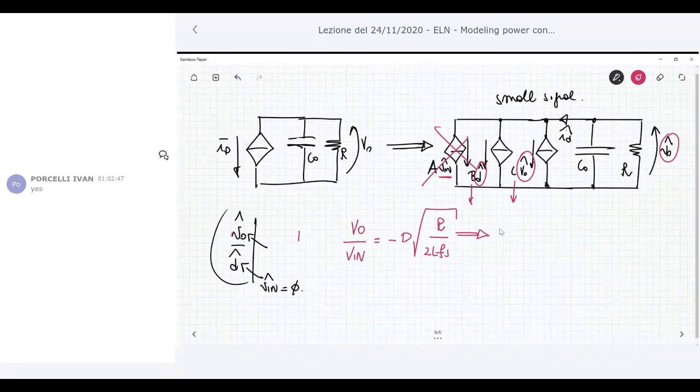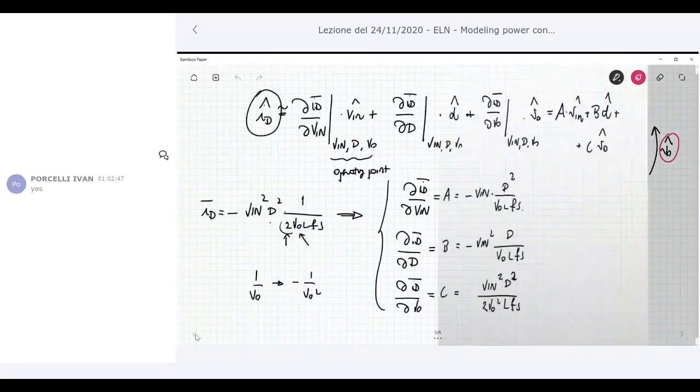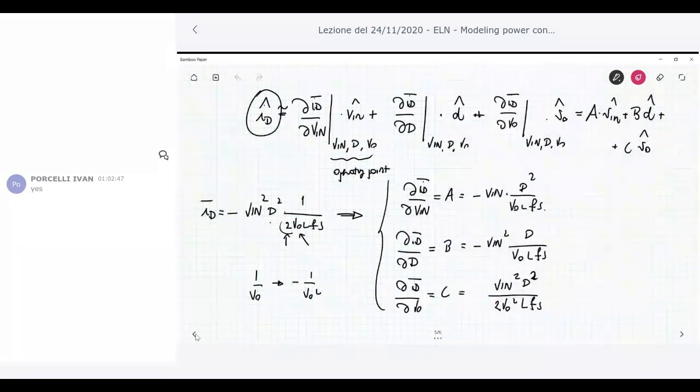Now I can square the first part here, and this is D square R over 2 L Fs. Now look at this B coefficient. We have minus V in D V naught L over Fs.